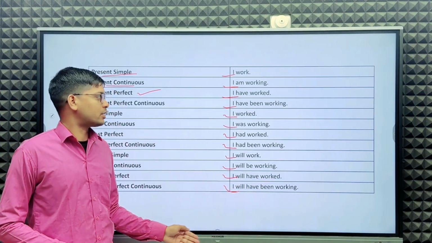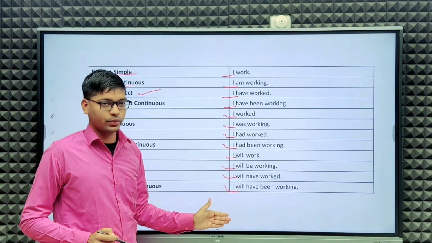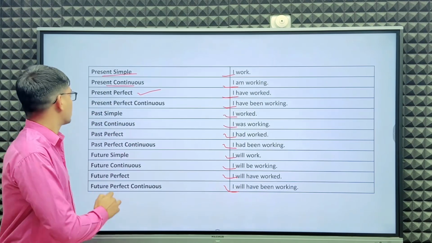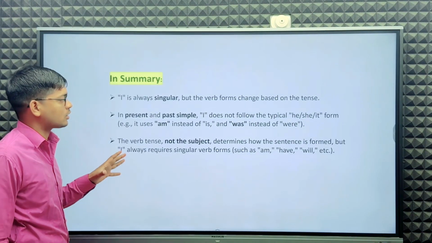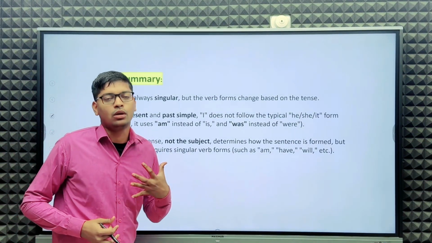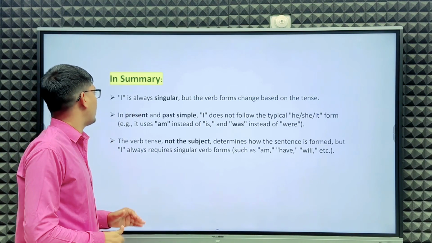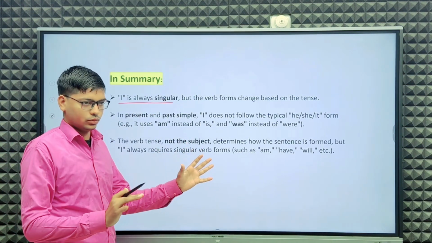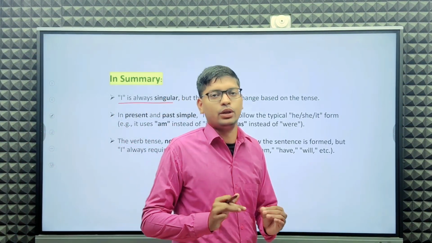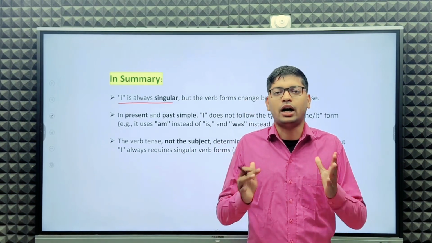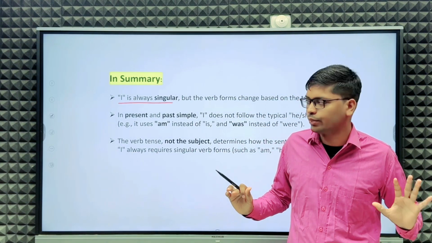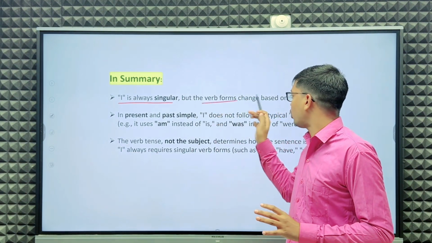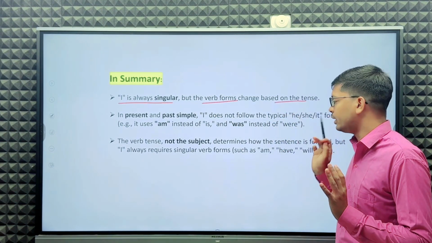So you practice these kinds of sentences more and more. In the last I have a summary, or you can say tips. I is always singular. This is a very important concept. I is always singular, but the forms change based on the tense.